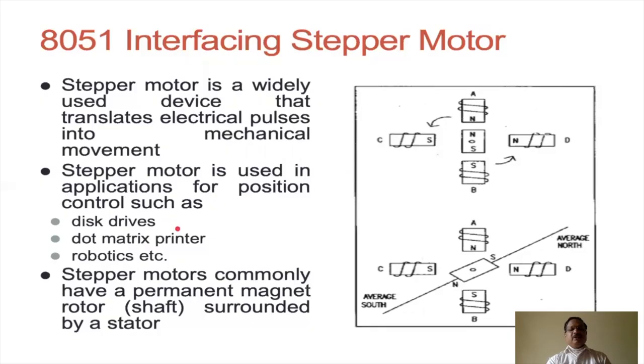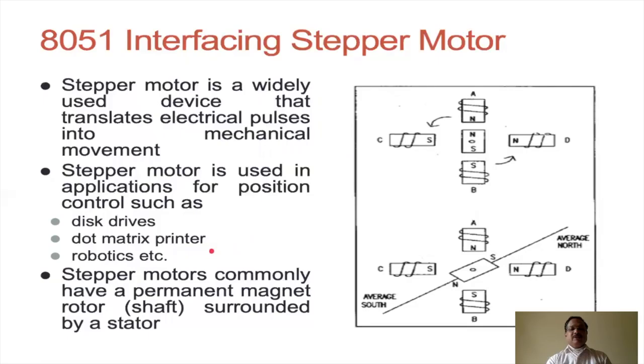Similarly, in the dot matrix printer, the head is positioned so that the printer will start printing from left to right, or the paper is moved to the next line, say form feed and line feed. For that purpose, we know stepper motors are used in the dot matrix printer.